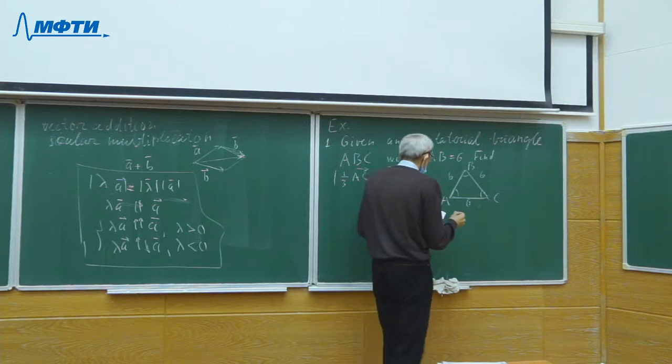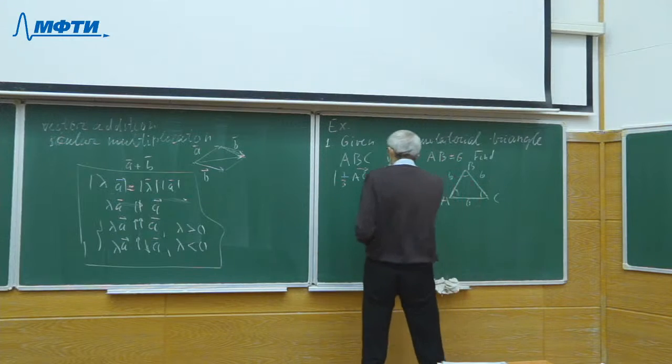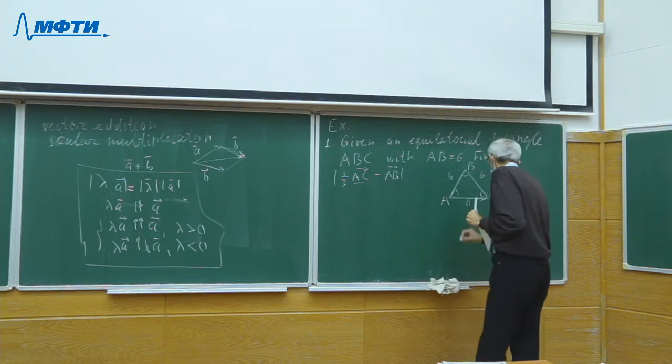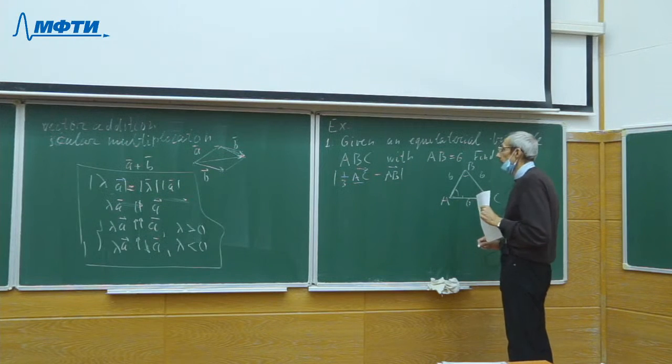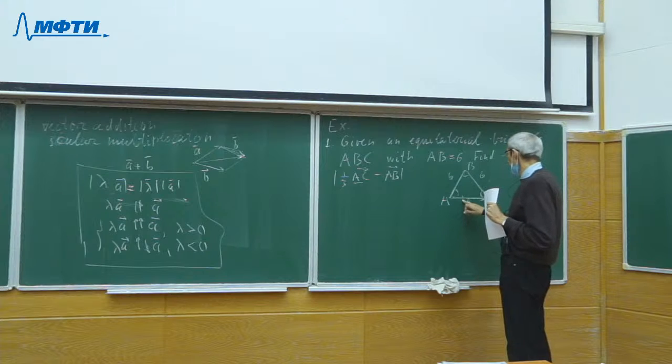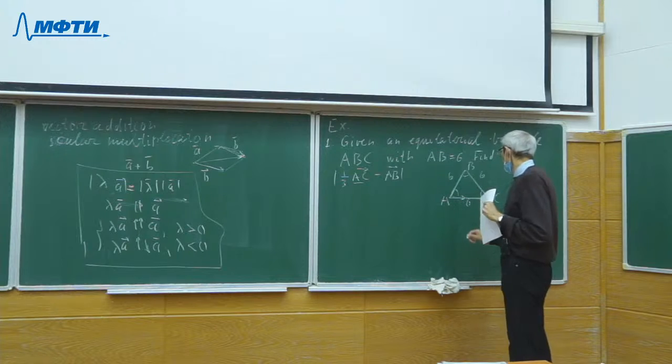And the vector is 1:3 of AC, this vector.